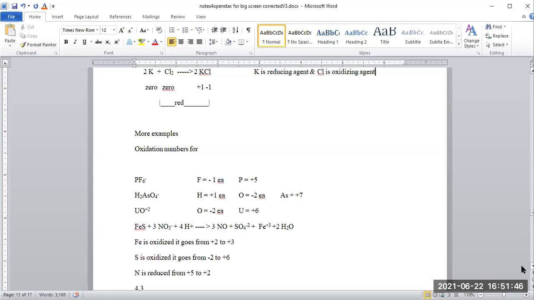How about H2AsO4 minus? I actually realize I have a plus where that's supposed to be an equals sign. This one I kind of did from the outside edges toward the middle. I assume hydrogen is normal, I assume oxygen is normal. So I've got 2 hydrogens and 4 oxygens, so 2 positives and 8 negatives.